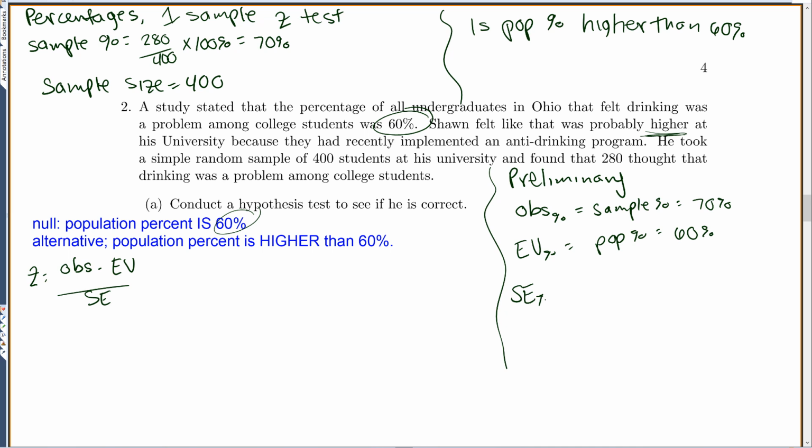And you need the standard error for your percent. Now in your formula sheet, you'll notice this is the square root of population percent times 100% minus population percent, all over sample size. So you might wonder, which percentage should you use?